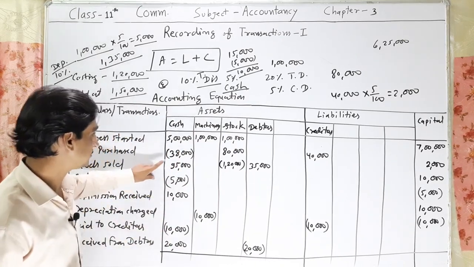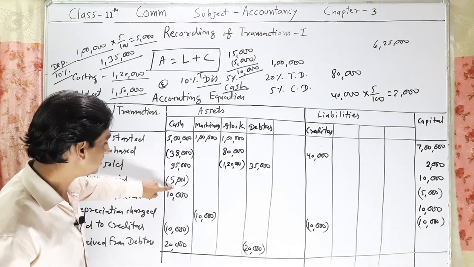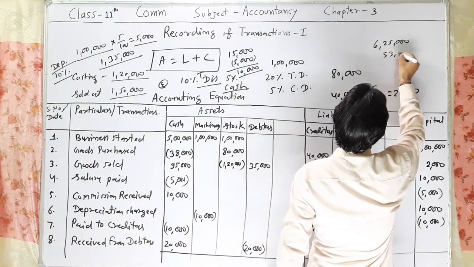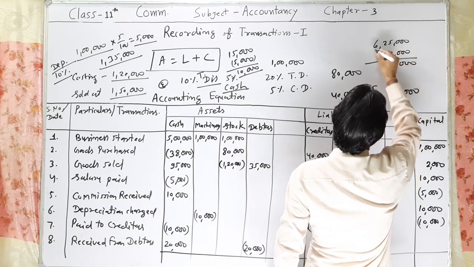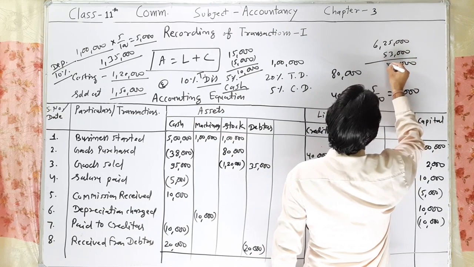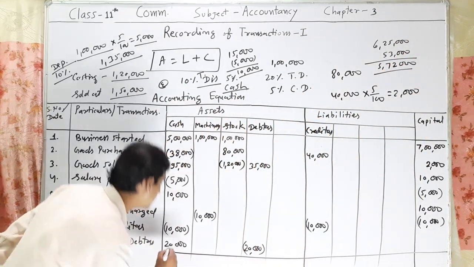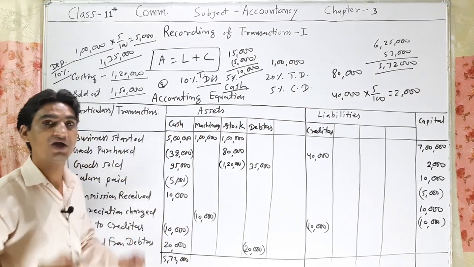The negative balances: 38,000, 43,000 and 53,000, totaling 53,000. So 5,72,000 is the closing balance of cash.